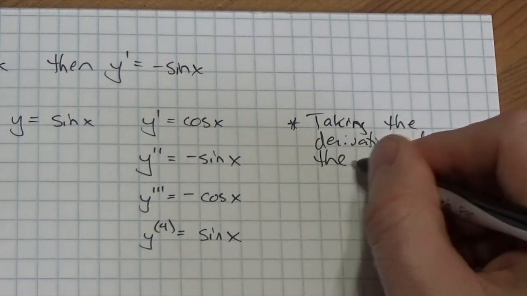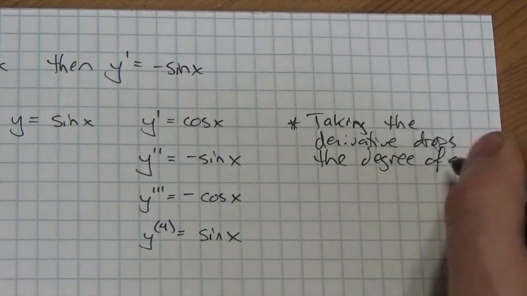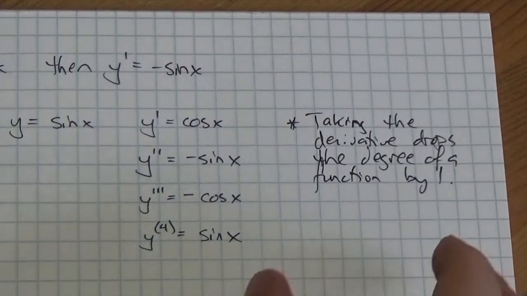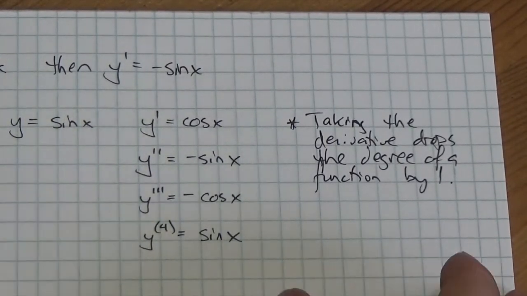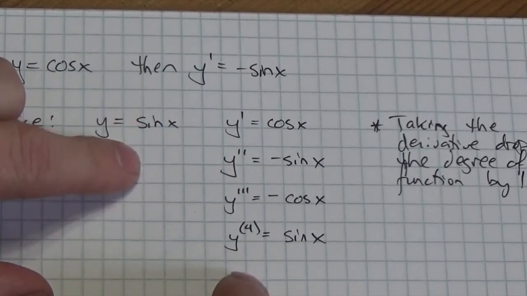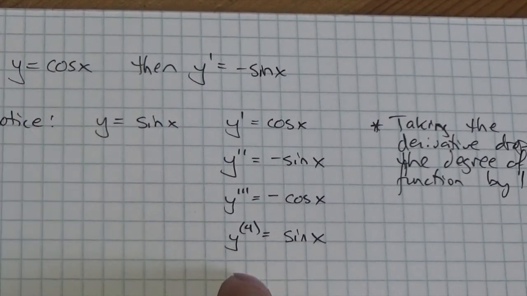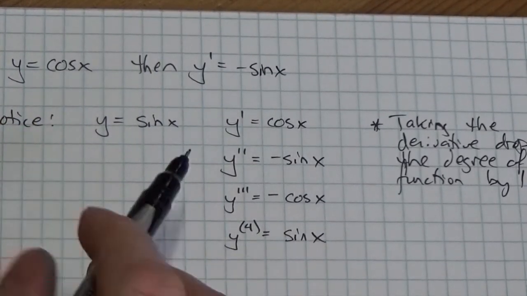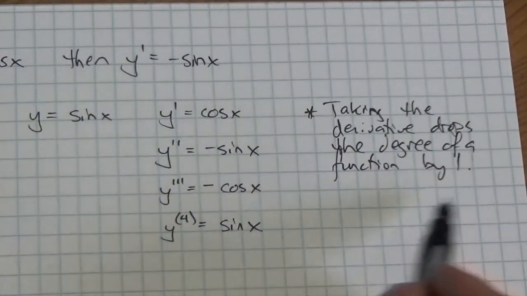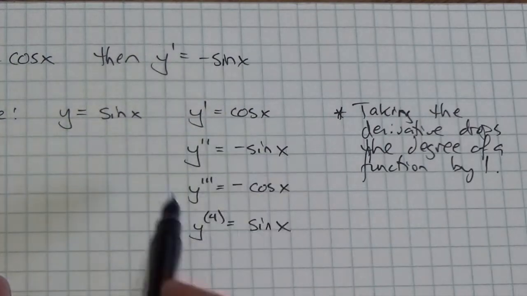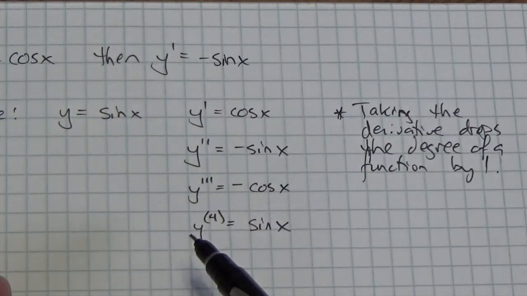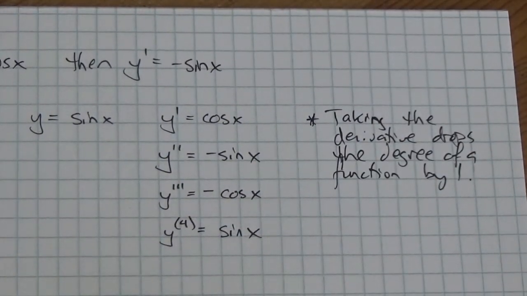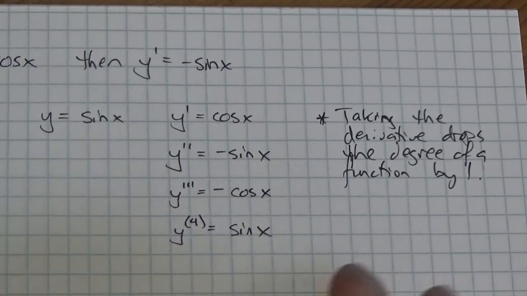Taking the derivative of a function drops the degree by 1. So I'm just going to leave you with a quick question before I go on and do some problems, because this is worth looking into. This is so neat. What's going on here if this is true? How is it that we're creating this loop of these four functions with our derivative if the degree is supposed to drop by 1 every time we take the derivative? That's some pretty cool math.